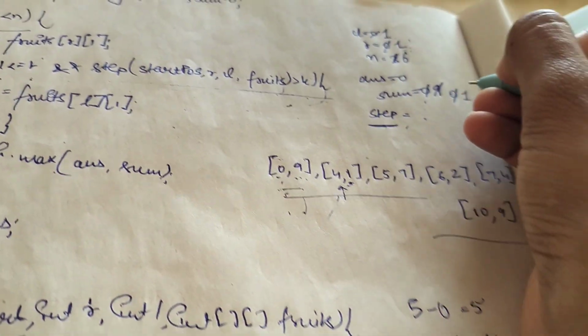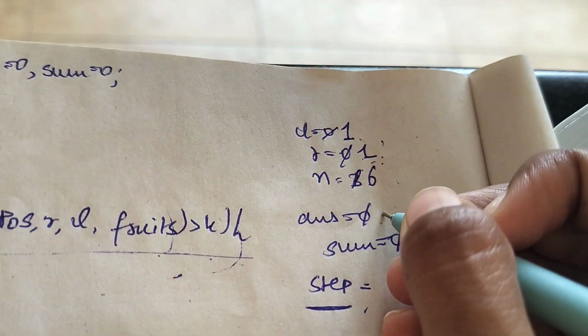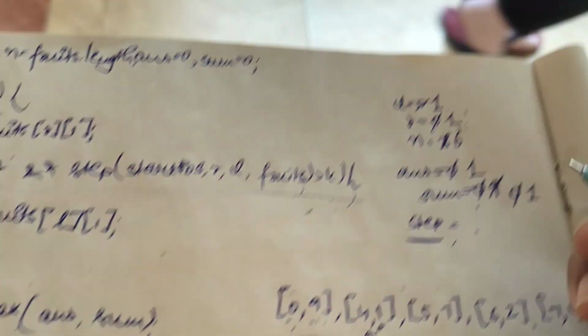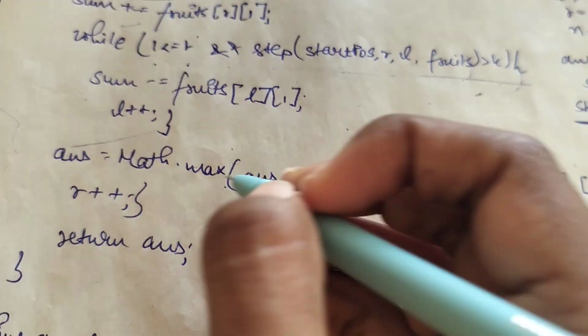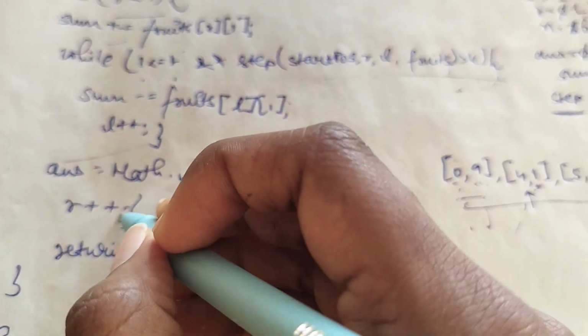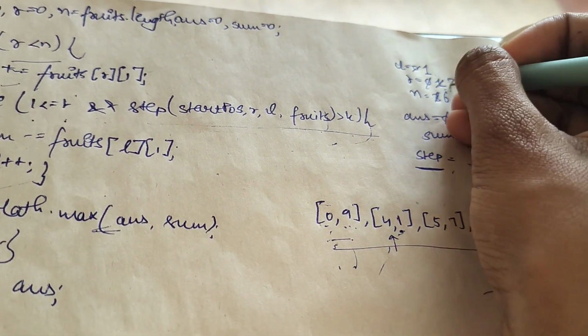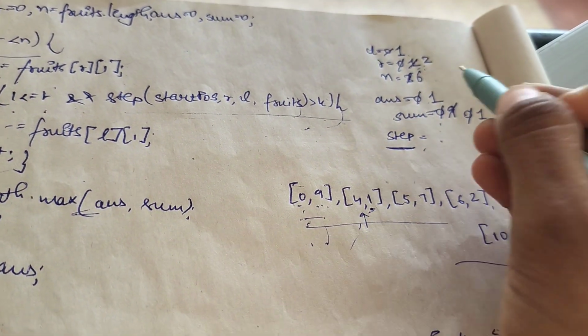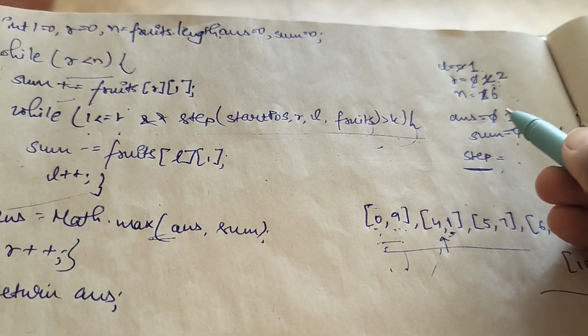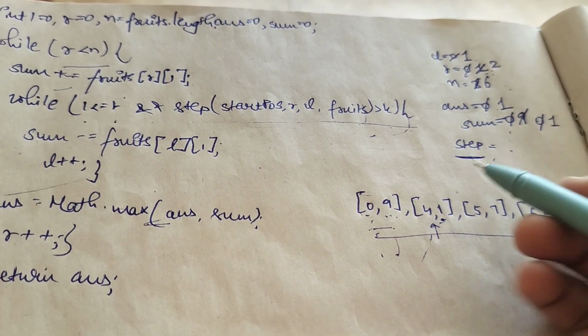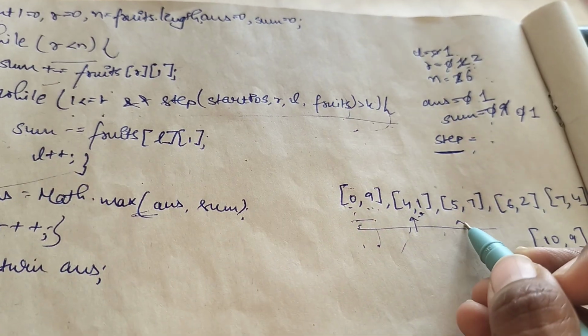It will be 1. And after updating my answer, I'm going to increase right to 2. Again right is smaller than n, so I'm going to add the next amount to my sum, that is this one.